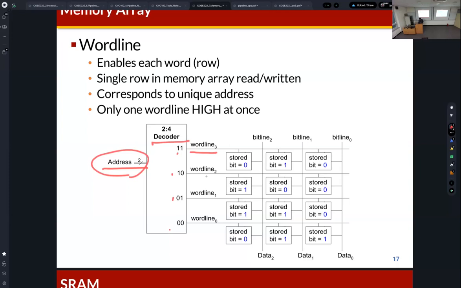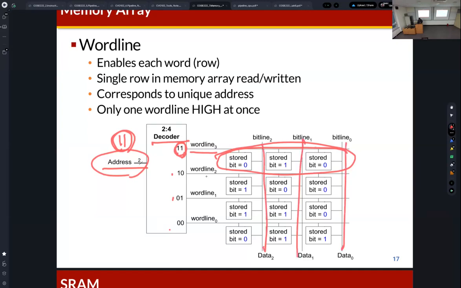For example, if address 1 is given, then this word line is activated, and the memory cells in this target word are activated. Then if the data is output from the pin, this is the read, and if the data is stored through this pin, this is the write. This is the behavior of the memory device.